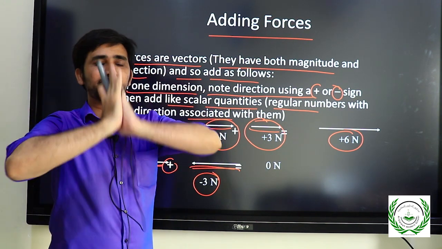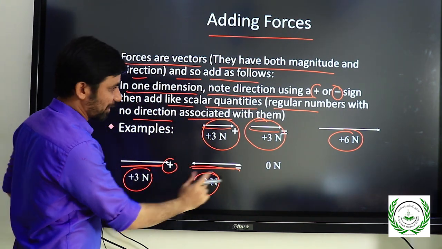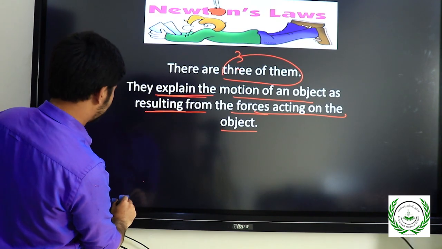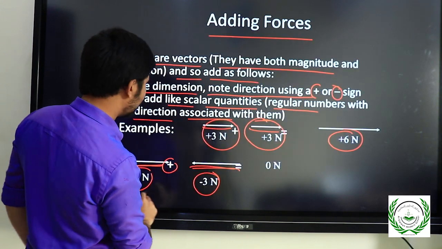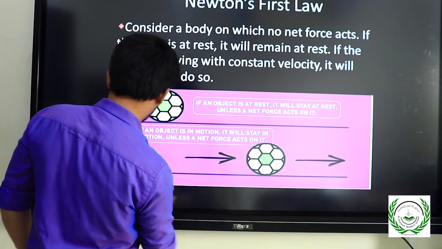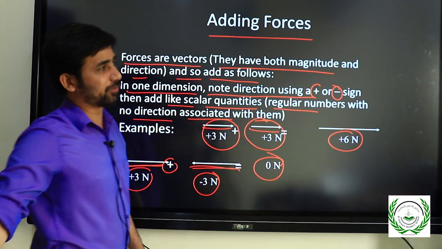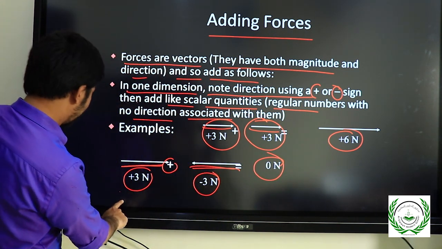Both are opposite, so they cancel. Plus 3 minus 3 will get 0 newtons. Fine, right.